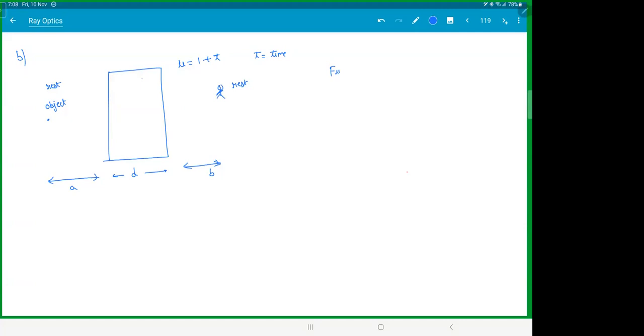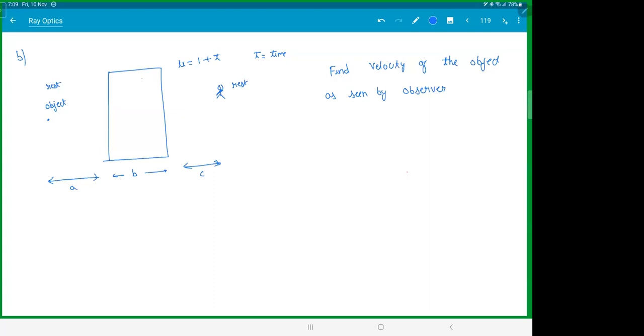Find the velocity of the object image as seen by the observer. I'll do one thing. Let's make this B and C. I'll tell you why I need that. What happens if the object and the observer are also moving? Then this ABC will matter.